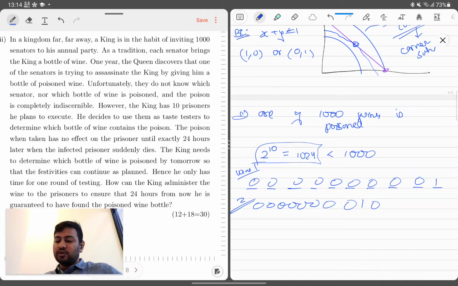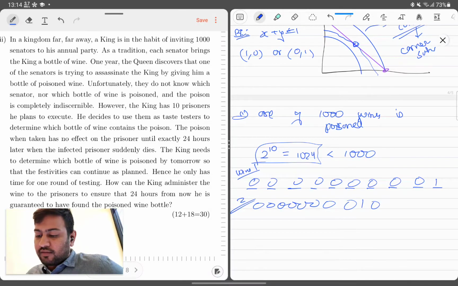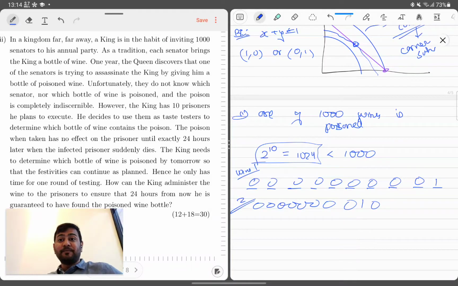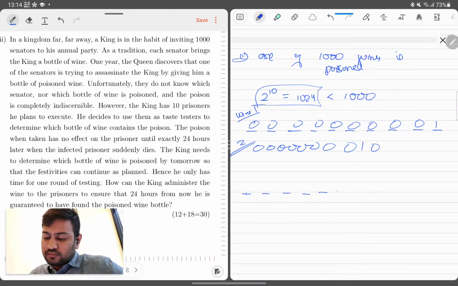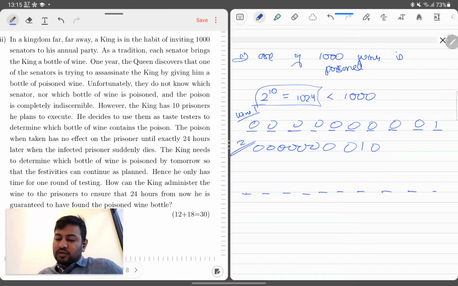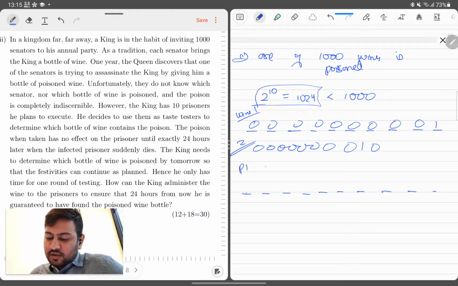Okay, so then what you do is you have a mixture of these wines. You have 10 prisoners. The first position corresponds to prisoner 1, prisoner 2, and so on. Let me call them A, B, C, D, E, F, G, H, I, J for ease.